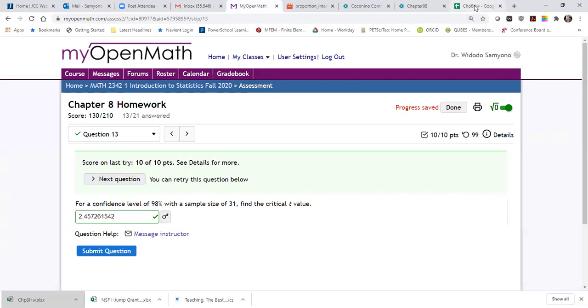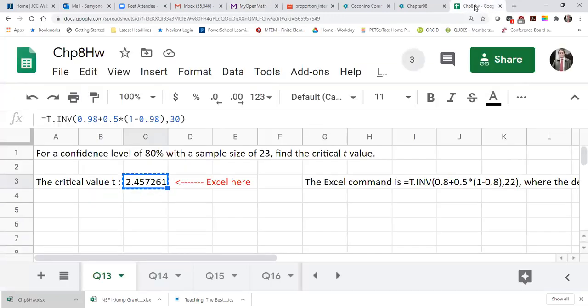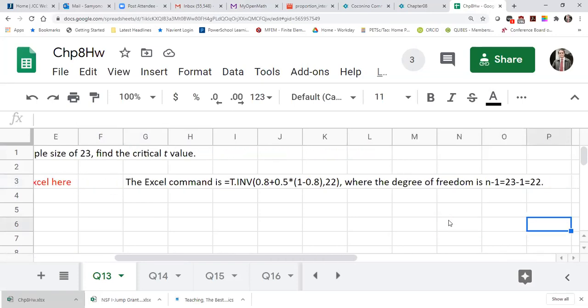Excuse me. On the question it shows the sample size is 31, but you wrote 30. I don't know why. Yes, as I told you, we call this the degree of freedom. The degree of freedom is the sample size subtract 1. You go to the Excel here.